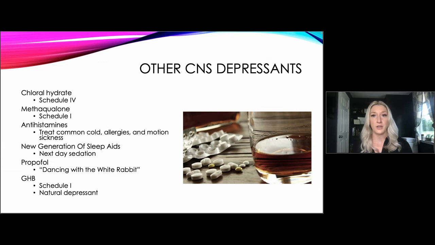Today we know GHB as a club drug. It is clear, odorless, and colorless, so it has also been used as a date rape drug. It can have a hangover-free high and also aphrodisiac effects. In large doses, it can cause unconsciousness and even coma. It was made a Schedule I drug in 2000.